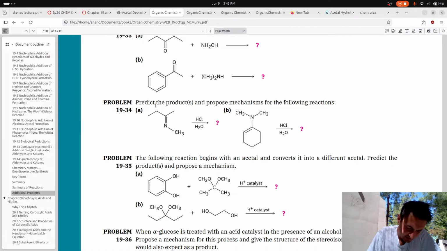So now we have N, methyl, H, and a water, H2O plus, and then presumably you can deprotonate this.